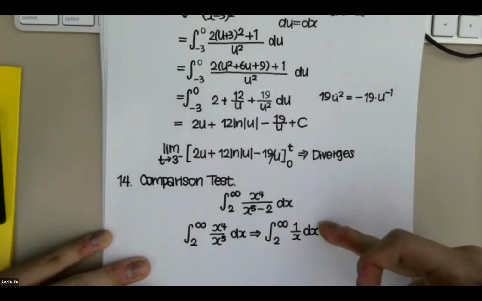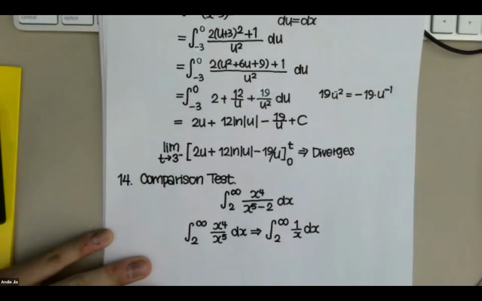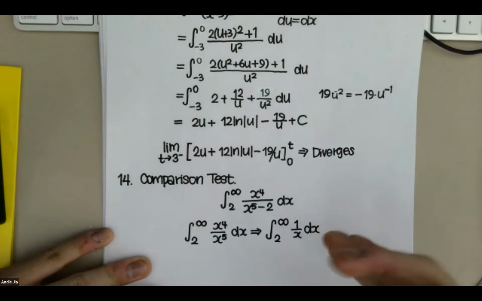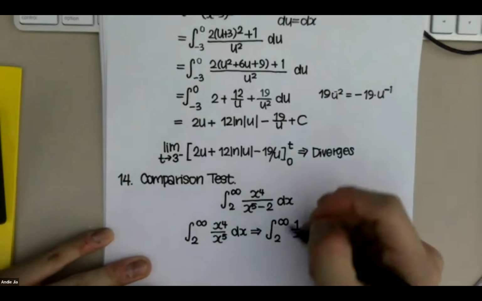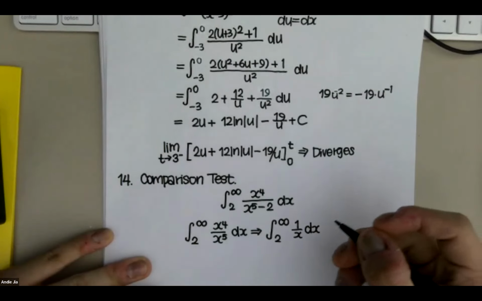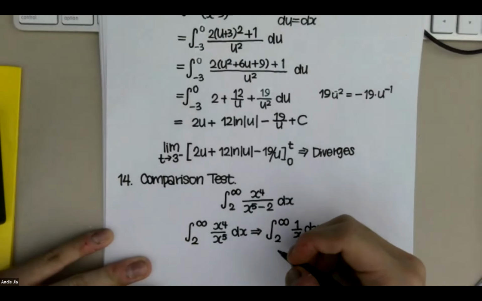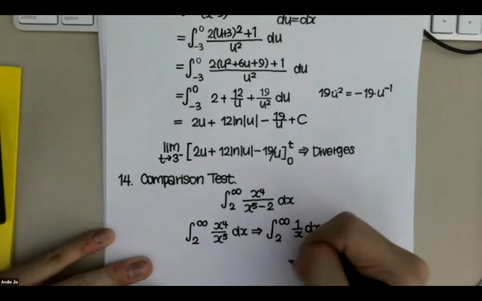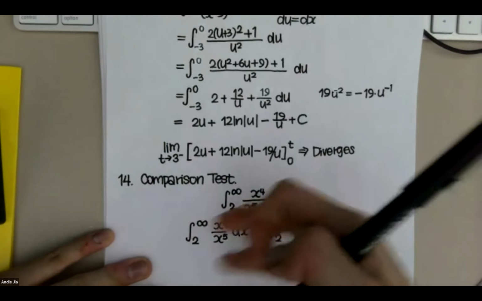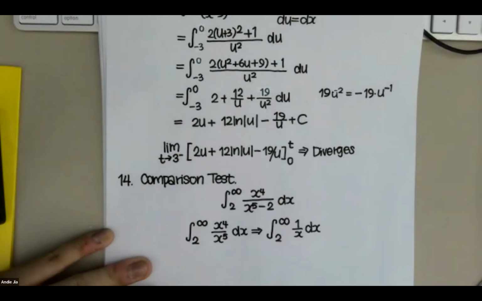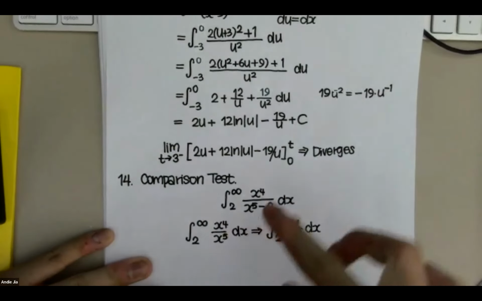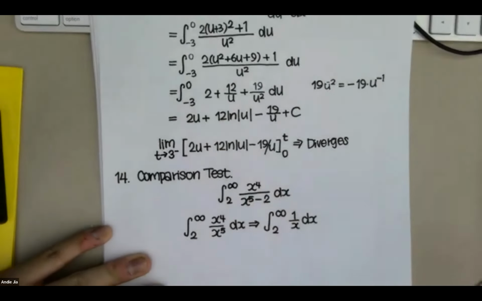So this is what we have now. And now we just try to find whether this integral diverges or not. We just evaluate this integral, and then we guess whether it diverges or converges.